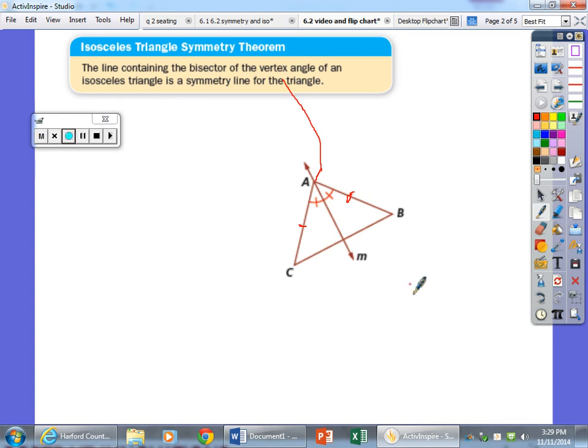Remember that a symmetry line cuts the triangle into two congruent parts. So I have this congruent side, this congruent side, I have this angle, and then it would cut the base into two equal pieces. So that's the isosceles triangle symmetry theorem.